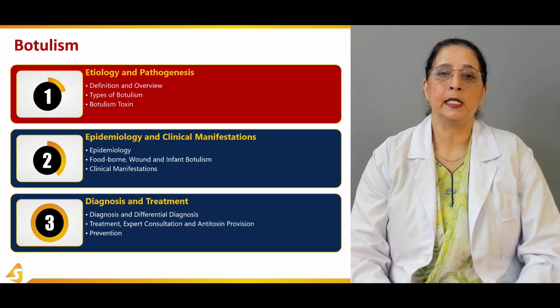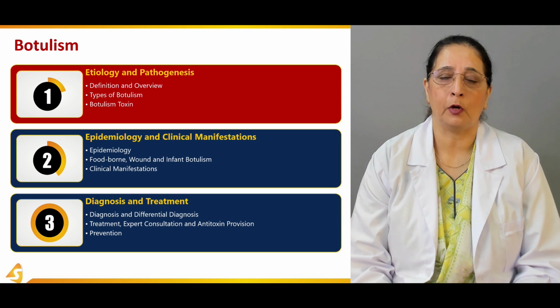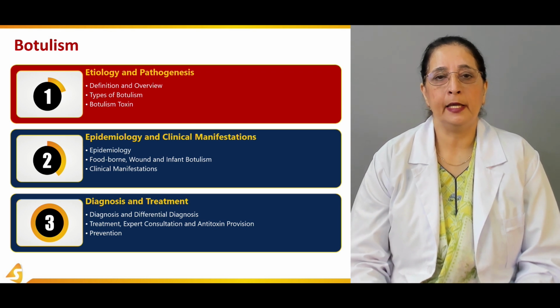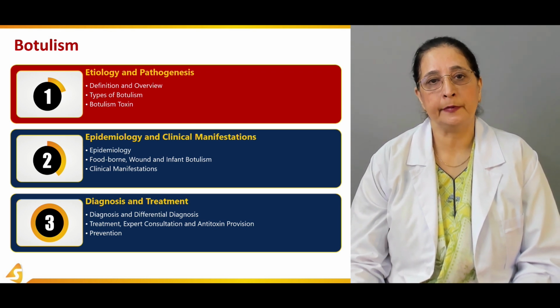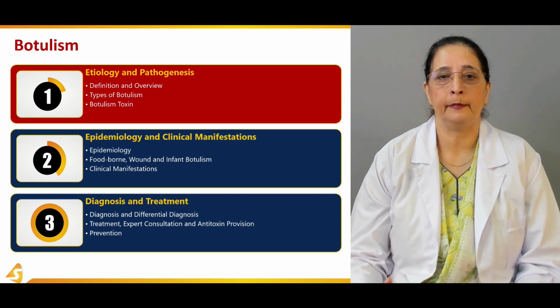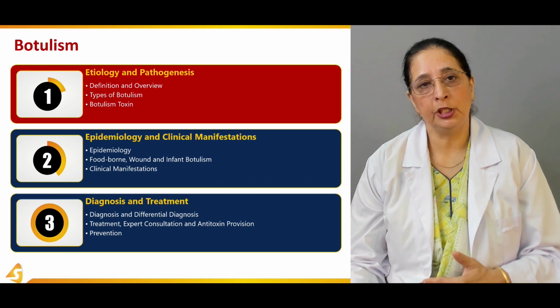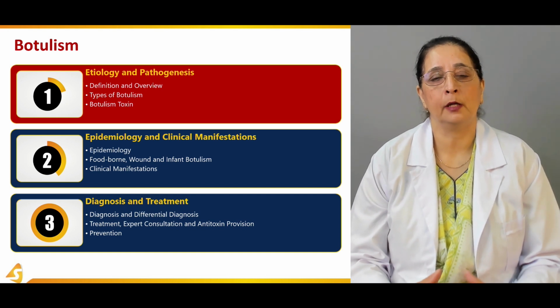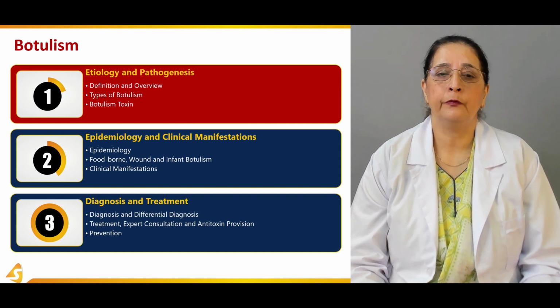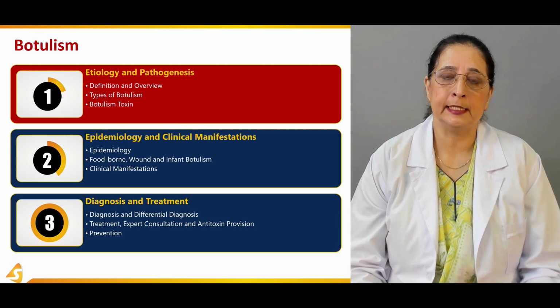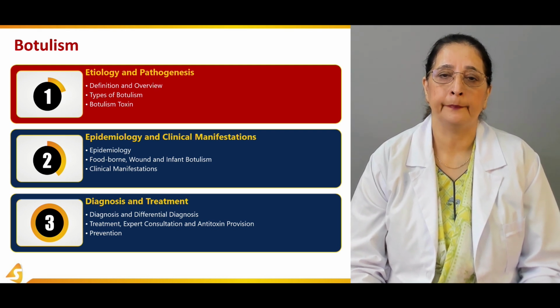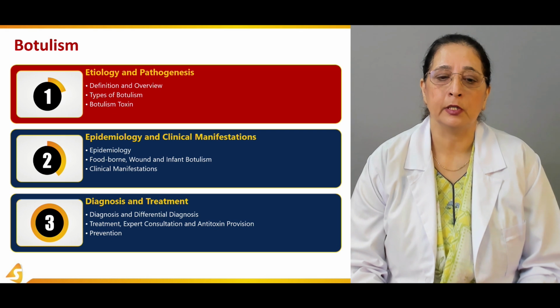Then we will discuss the different types of botulism depending on the serotypes of the botulism toxin, which run from A to G. We will also talk about the common bacteria, or Clostridium, which can cause botulism.